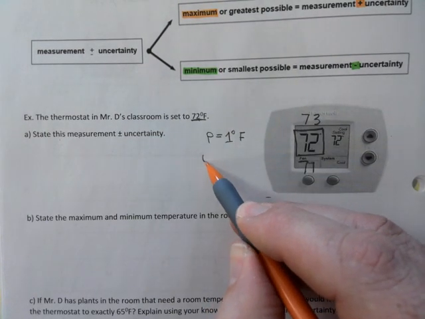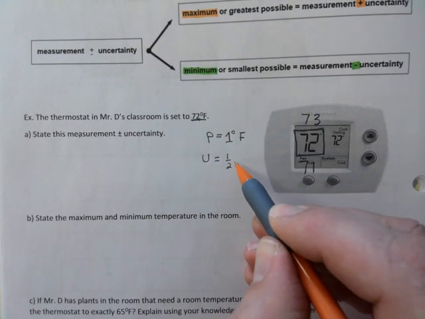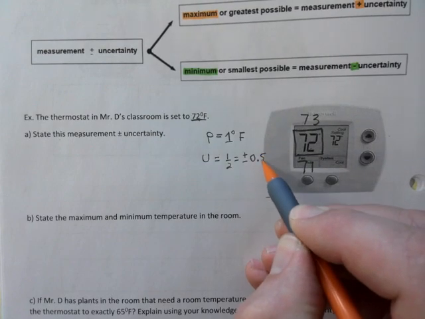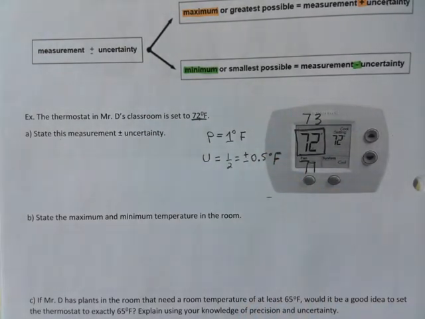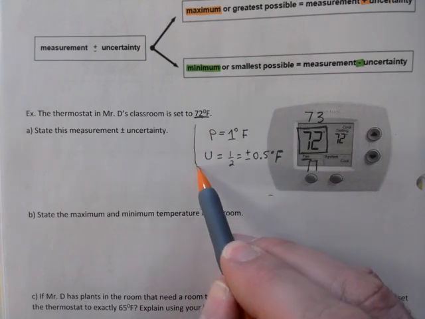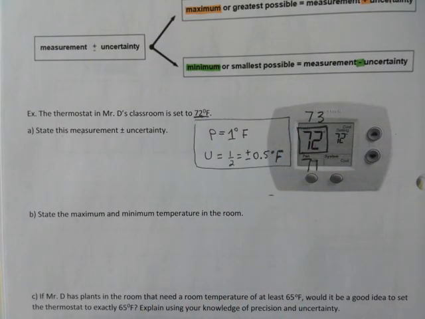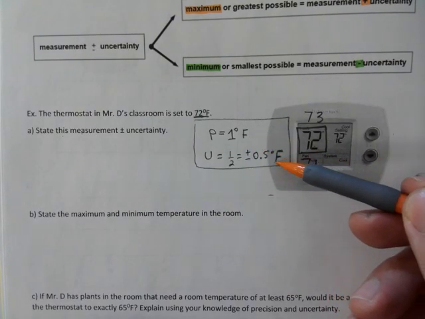Which means that the uncertainty is 1 divided by 2, which is plus or minus 0.5 degrees Fahrenheit. You are allowed to do that if you need to. You can just turn a fraction into a decimal. And so this is kind of like the prep work you need to do. Almost anything you do will take you back to finding the precision and then figuring out the uncertainty.